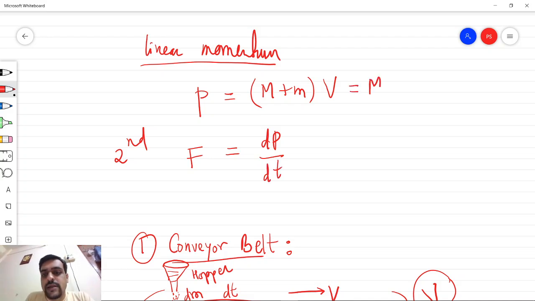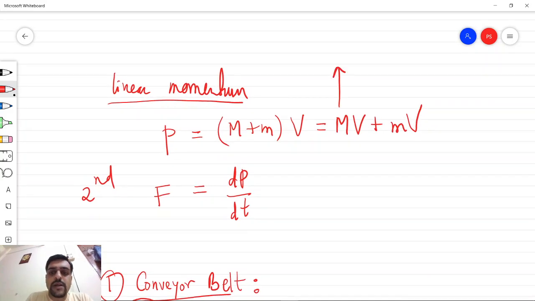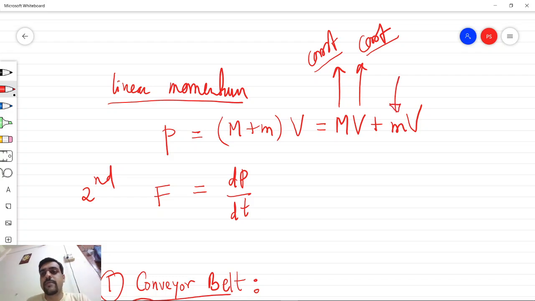So this, if we expand, gives us M dv/dt plus v dm/dt. Out of these quantities, the mass of the conveyor belt is fixed, so it is constant. The speed of the conveyor belt, with which the belt is moving ahead, taking the mass small m, is constant. So the only quantity changing is small m, because the mass of the material is continuously added on the conveyor belt via the hopper.